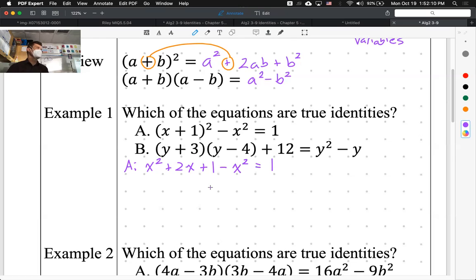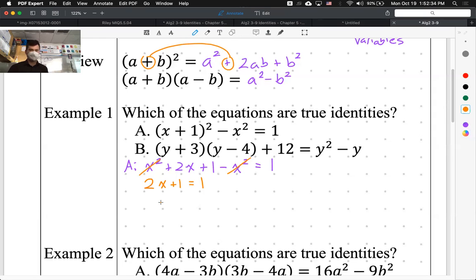So one additional step that we can do: you can subtract x squared from x squared, which would cancel each other out. Your final would be 2x plus 1 is equal to 1, which is not true for every x. It could be true, but it's an equation, not an identity, because it could only be true for one value of x. Which value of x would it be? 0.